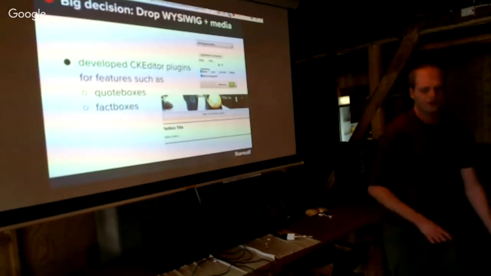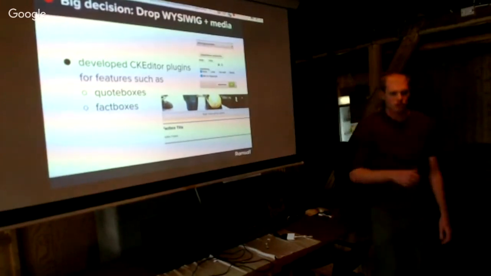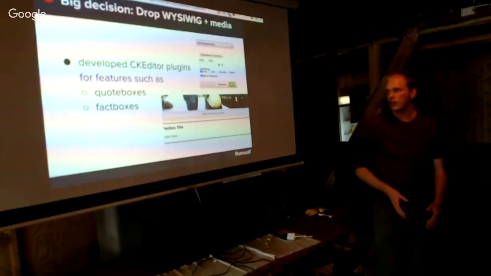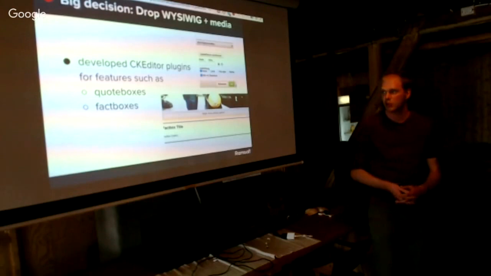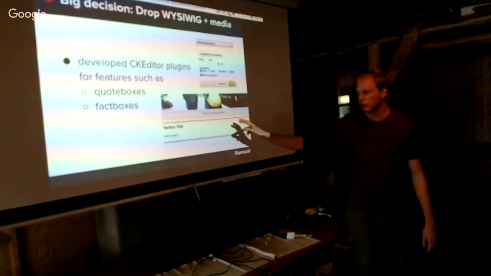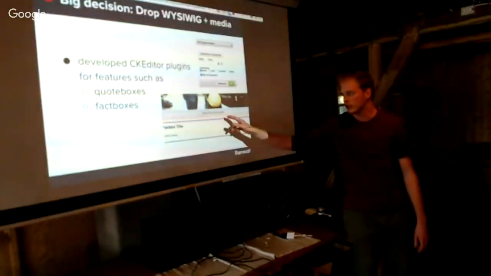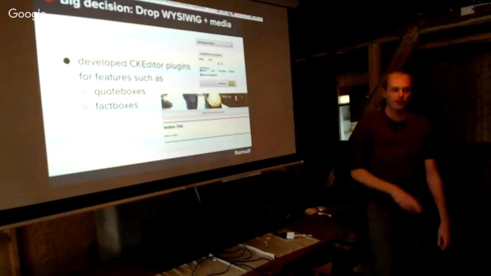Okay, so my major task in this step was to create small CKEditor plugins which can work also independently somewhere else. So it's a little bit of this library approach, the JS library approach, to offer quote boxes, fact boxes, and images. And as you can see on this tiny image here is how it was looking for the author.